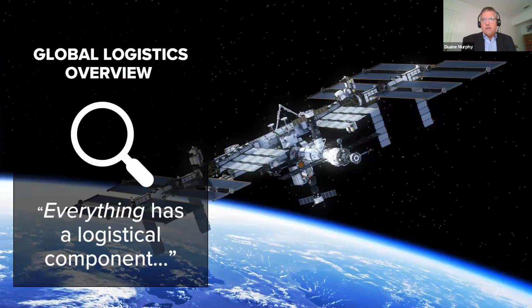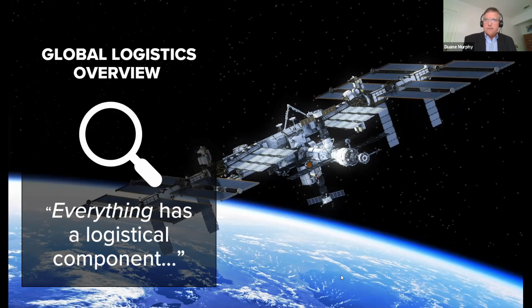Everything in the business world and in our physical world has a logistics component. You're looking at the International Space Station, and if you may be aware, companies like SpaceX are developing rockets and capsules to ferry goods and astronauts to and from the space station. What does this have to do with logistics?